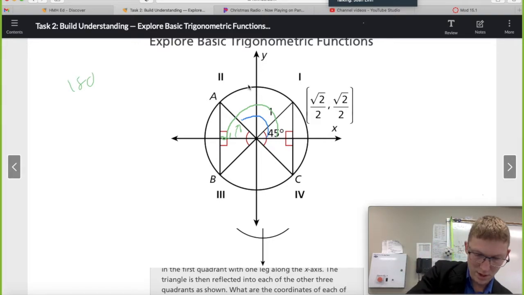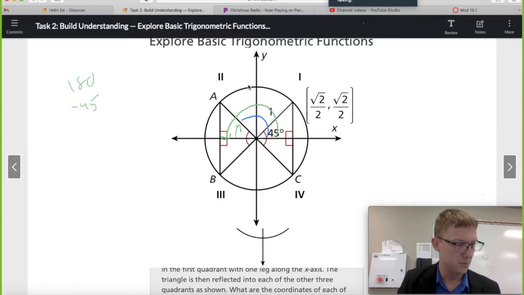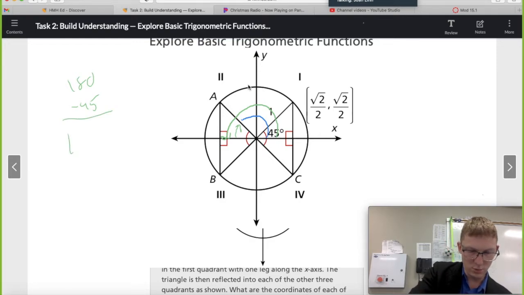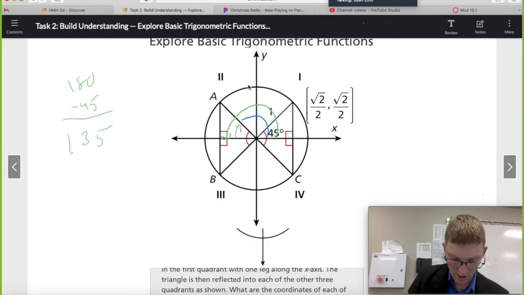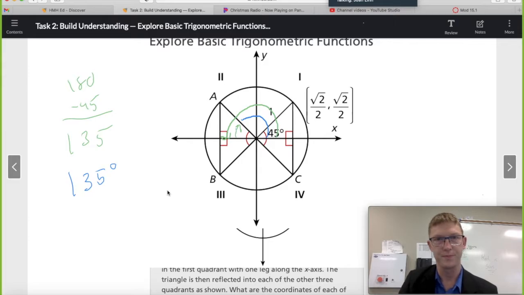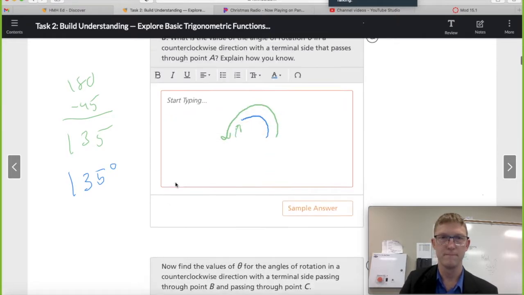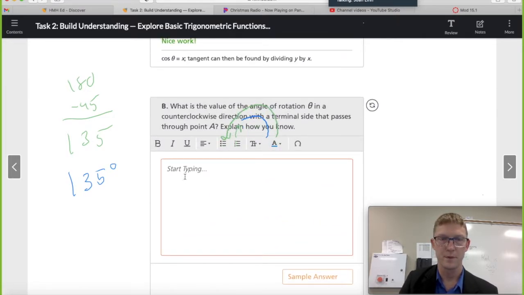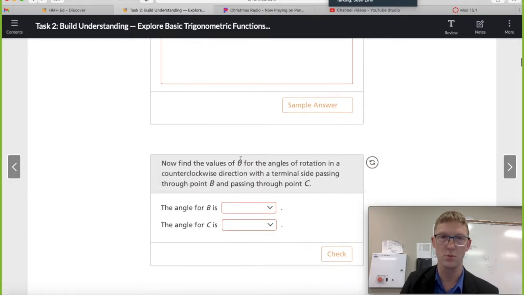So we can say 180 minus 45 is going to equal 135. So our blue angle is 135 degrees. And explain how you know. I worked through the process with you, so you're good to go.